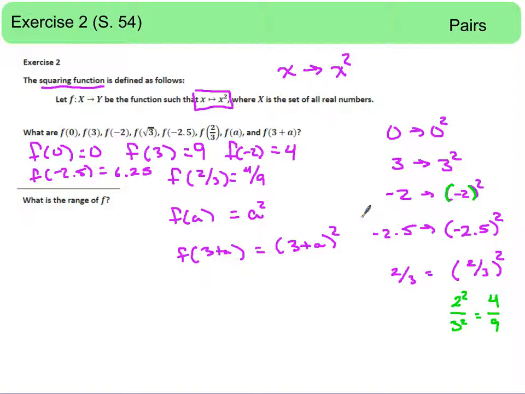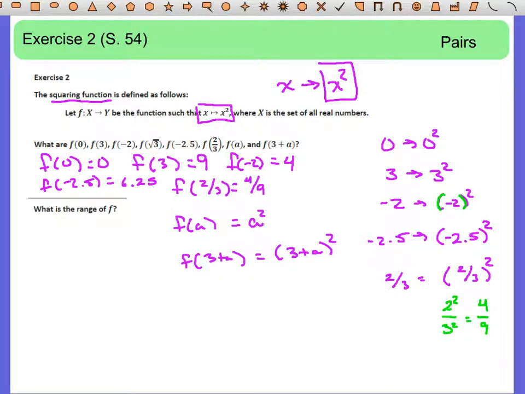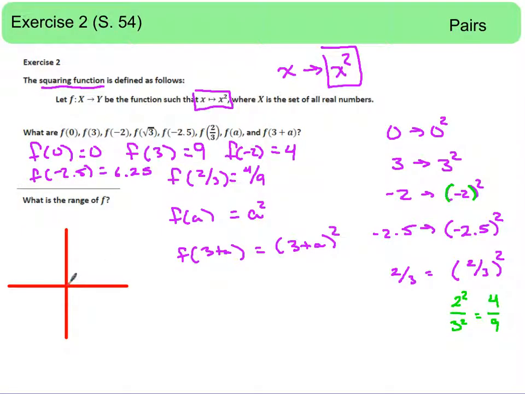So they say, what is the range of this value? So this is what we're dealing with right here. This is our y values, or what's going to be our range. And so if we were to illustrate that with a graph, so if we drew a y-axis and an x-axis, and then we're going to represent x squared.